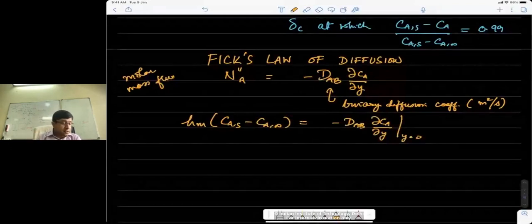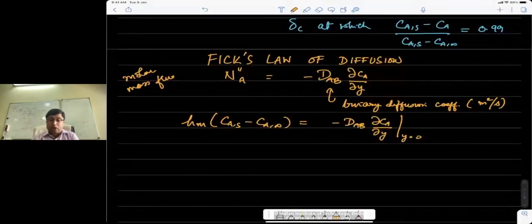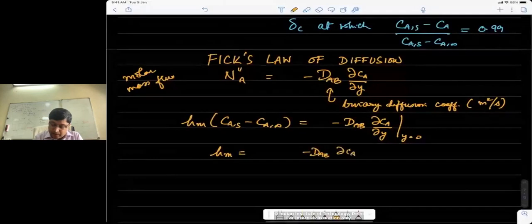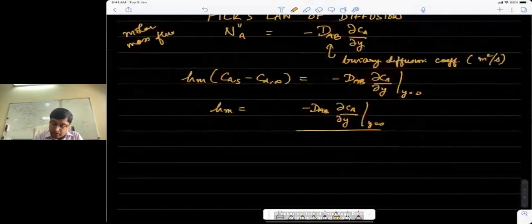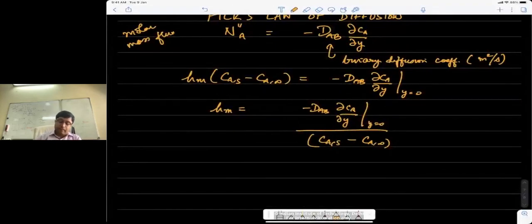So on the surface, the flux because of diffusion should be equal to the total flux across the boundary layer because of convection. And so we can define the mass transfer coefficient as minus DAB dCA/dy at y equal to 0 divided by (CAS minus CA infinity).